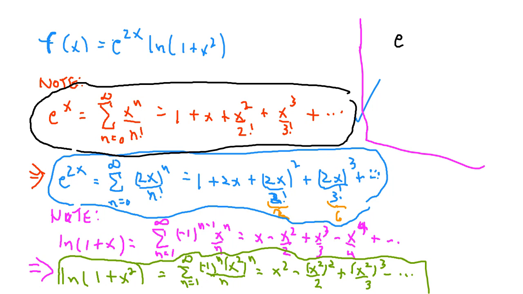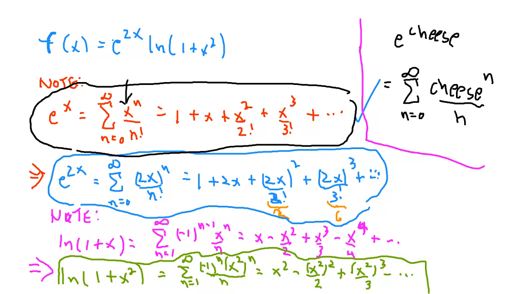So if you had e to the power cheese, it would equal the summation n equals 0 to infinity, and where the x goes, you just substitute in cheese. So cheese to the nth power over n factorial, right?